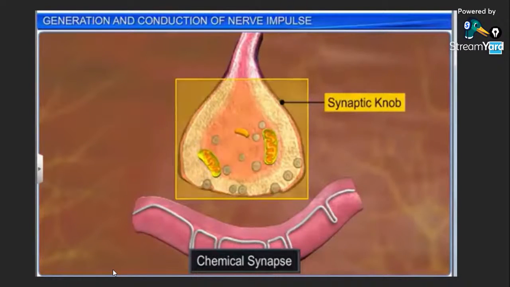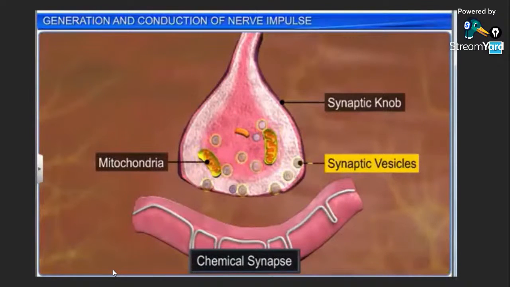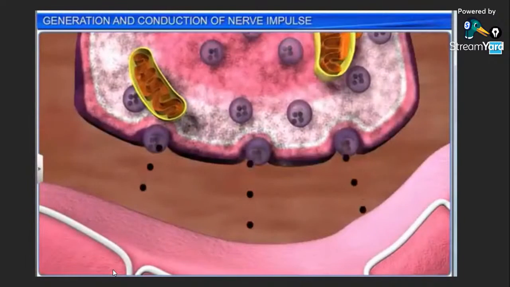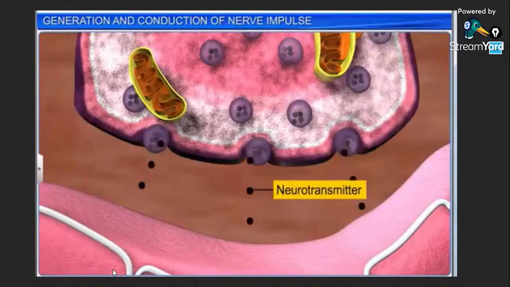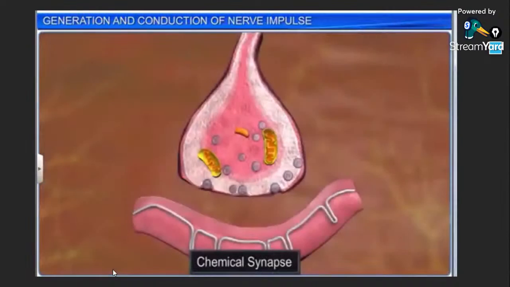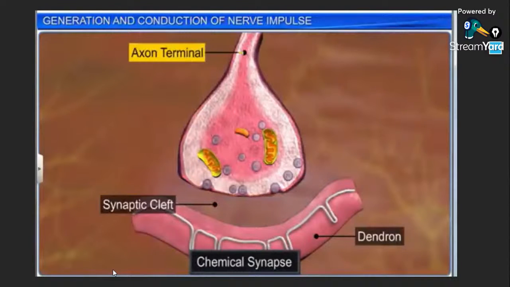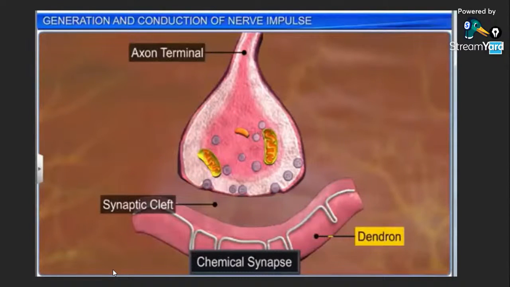The presynaptic neuron has synaptic vesicles, which contain neurotransmitters such as acetylcholine. The synaptic cleft is a fluid-filled gap between the axon terminal and the dendron of another neuron. So there is no protoplasmic continuity between neurons.